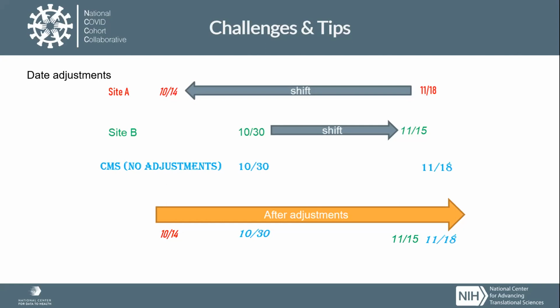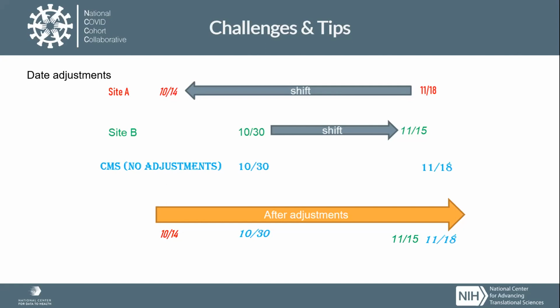And I don't think we have very many sites that are linking, possibly none, that are linking against the CMS data right now. So this might not even be an issue at this moment, except for discrepancies in CMS. There are about 10 sites that shift dates before they submit to N3C.